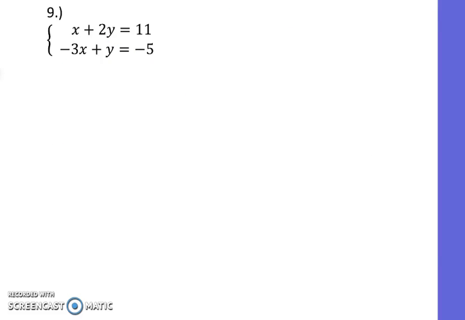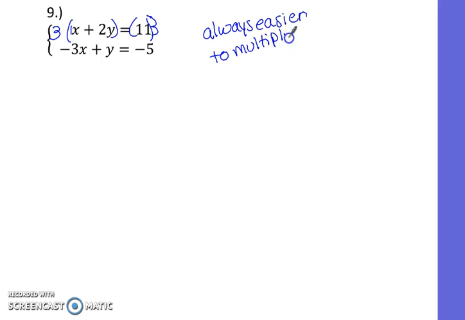Number 9, let's do another one. Oh, look, my x's are opposites again. So I'm going to go ahead and multiply the top by a positive 3 because it has a coefficient of 1. If something has a coefficient of 1, it's always easier to multiply by the variable that has a coefficient of 1.